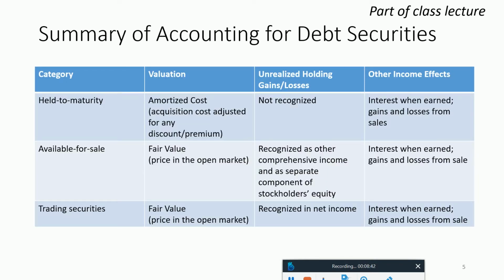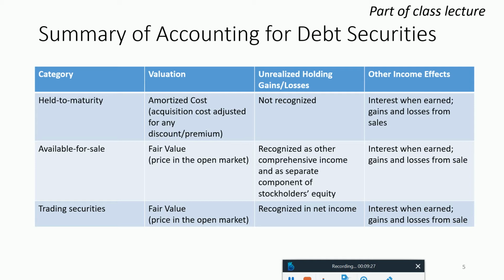So this chart here basically summarizes how they're going to be valued on the balance sheet, and also what happens with their periodic fair value updates and when income is earned and recorded on the income statement. Held to maturity securities are going to be valued at amortized cost, and that's your acquisition cost adjusted for any discount or premium. When we went through week 1 and looked at debt securities then, we were primarily assuming that those debt securities were held to maturity because we were recording them on an amortized cost basis.